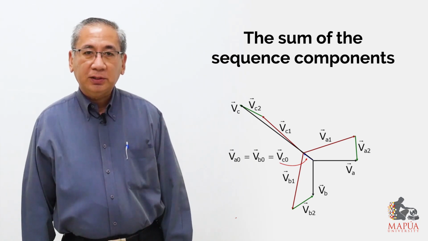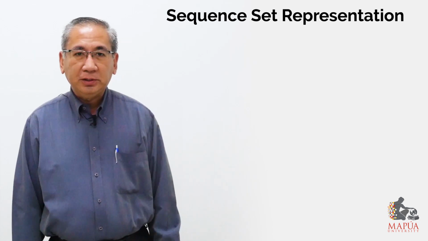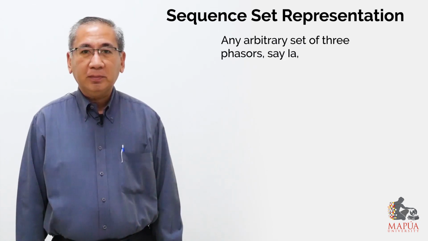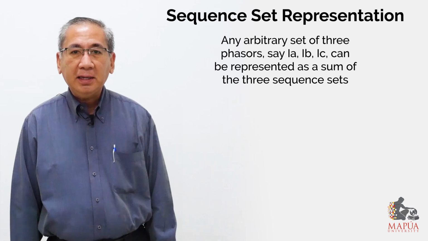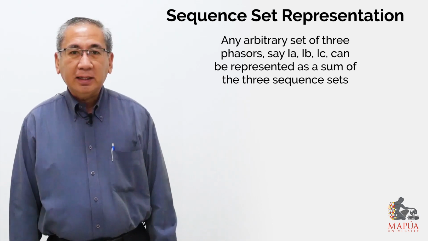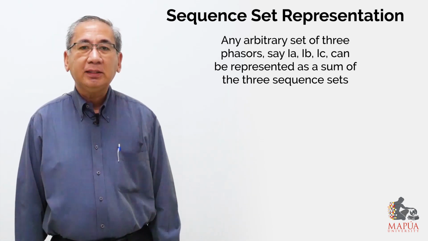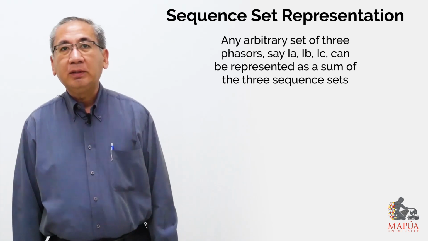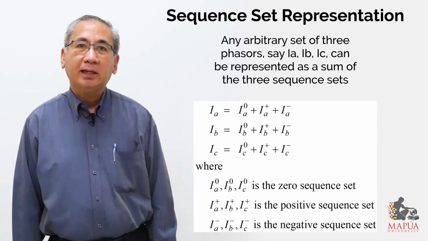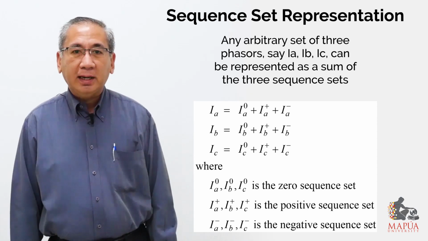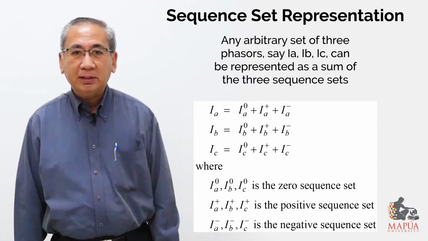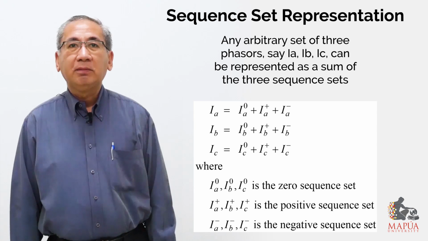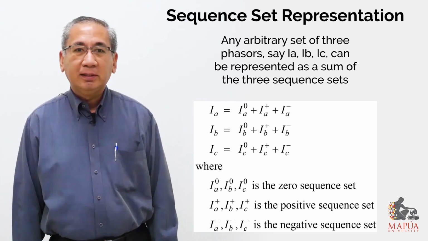Now, as an illustration, this is the sequence set representation. Any arbitrary set of three phasors, say IA, IB, IC, can be represented as the sum of the three sequence sets. IA is equal to IA0 plus IA plus plus IA minus. IB is equal to IB0 plus IB plus plus IB minus.